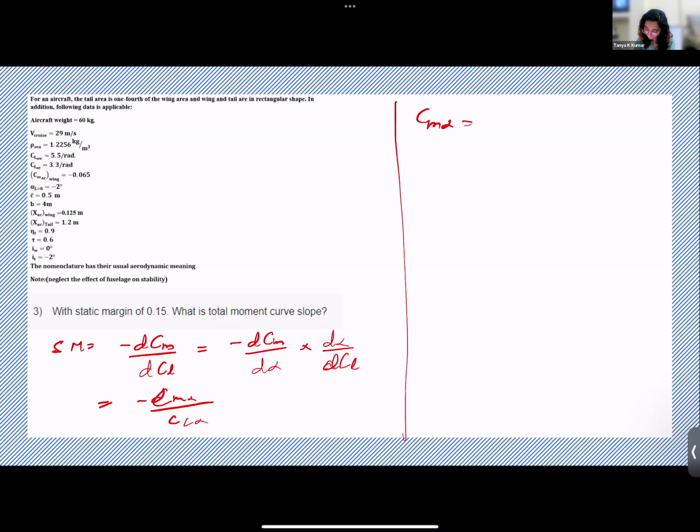So Cm alpha is nothing but minus static margin into Cl alpha. Static margin is 0.15, Cl alpha you calculated in the previous question, it's 5.917, and you get minus 0.887. All right, okay, next question.